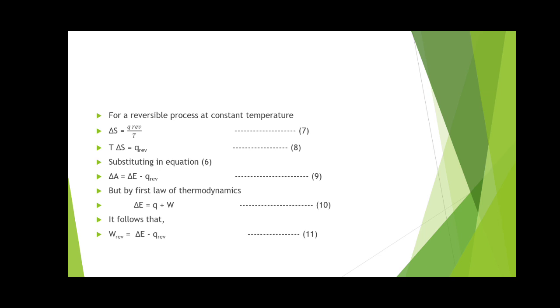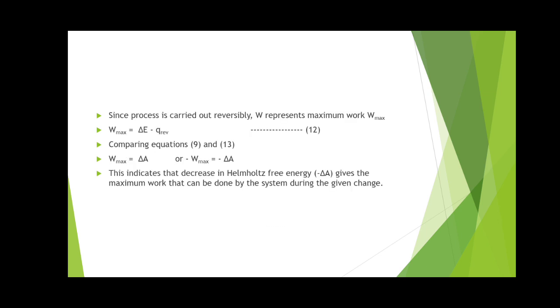That means the summation of heat plus work is nothing but the change in internal energy. Then W reversible, the work done in a reversible process, is equal to delta E - Q reversible. We will get equation number 11.